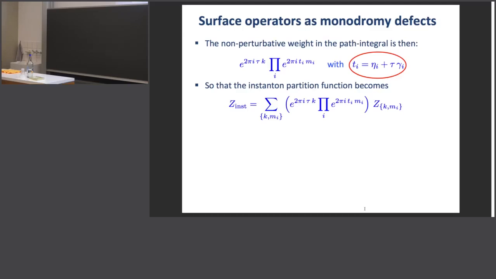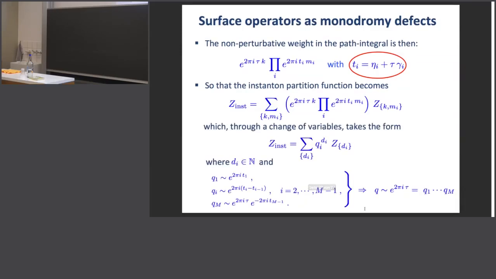So in total you have m different weights, and with a suitable change of variables, you can rewrite this instanton partition function in this form, in which you assign to each of these individual contributions a weight q1, q2, up to qm. And these are the so-called ramified instantons, and this is the so-called ramified instanton partition function.